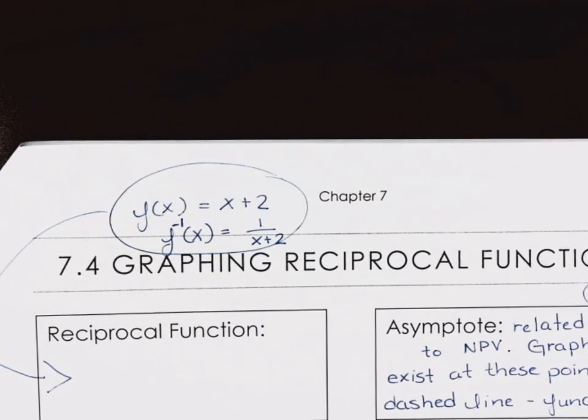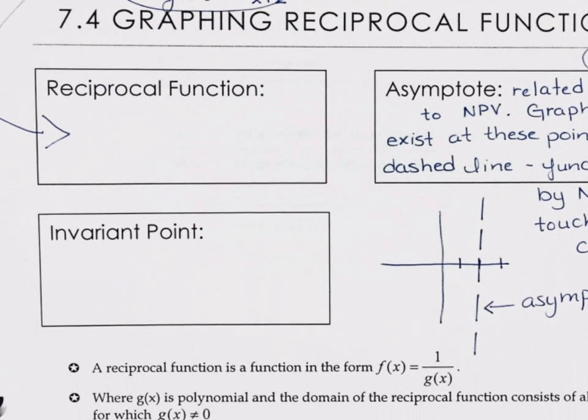Okay, so now the last box I have is an invariant point. What does to vary mean? Like answers may vary, you get that in the answer key. Change, right? There's all kinds of different. So invariant means no change.